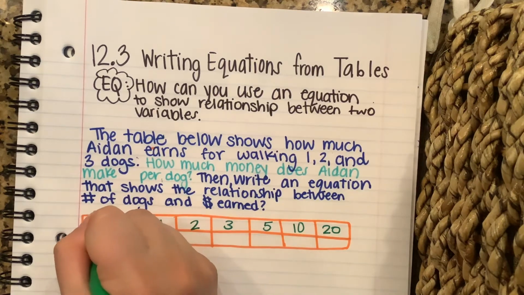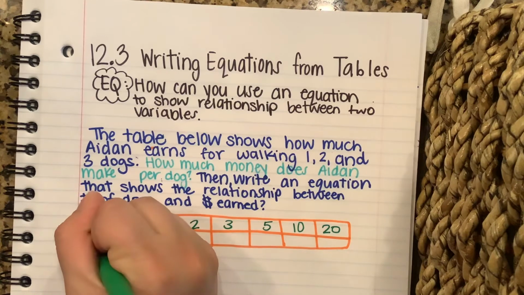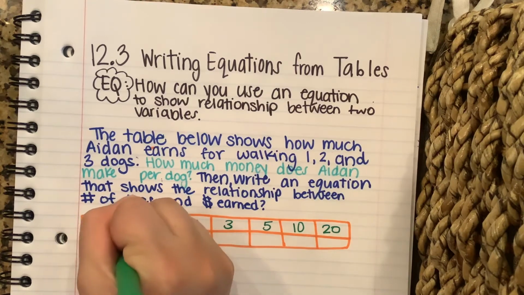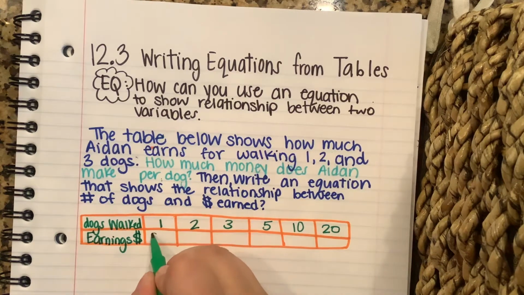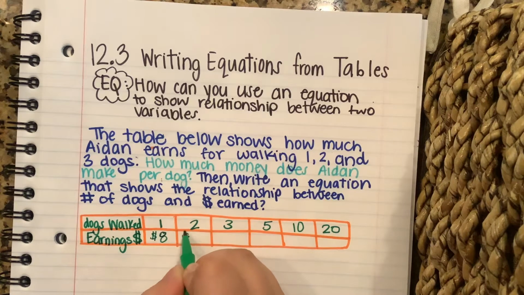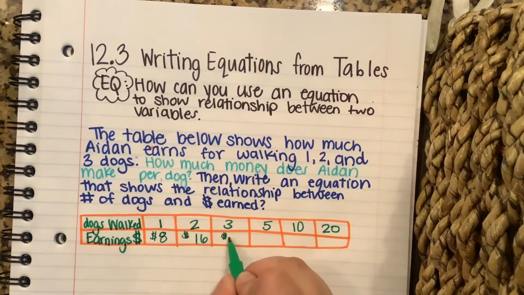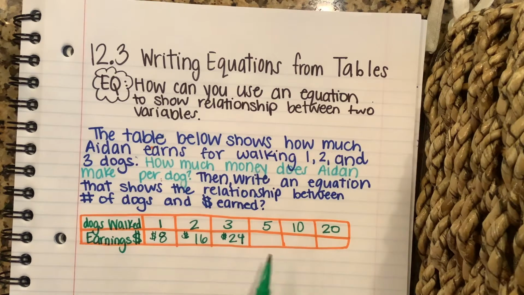On the bottom of our chart is his earnings, how much money he made. I'm just going to put a little dollar sign so we remember that this is money. And here are our givens: $8, $16, and $24. We need to figure out how much Aiden made when he walked 5 dogs, 10 dogs, and 20 dogs. So we can think of this in terms of ratios, in terms of multiplication.